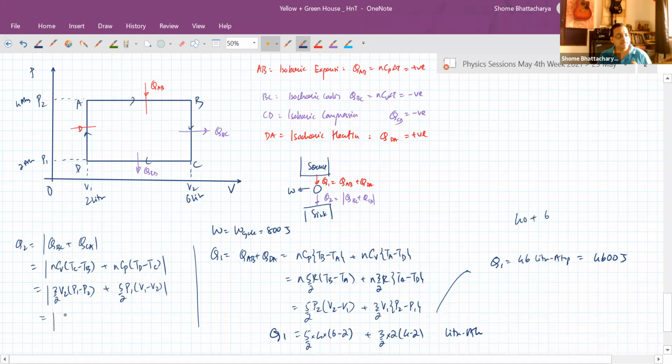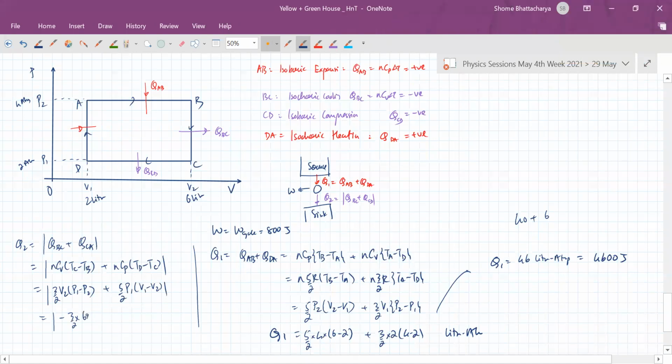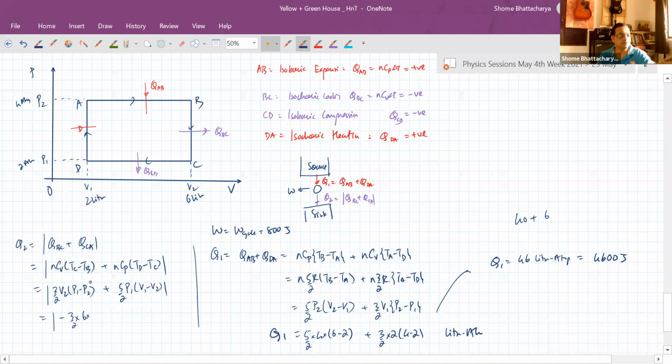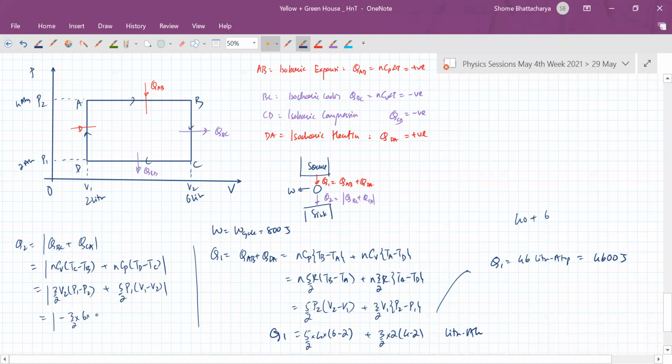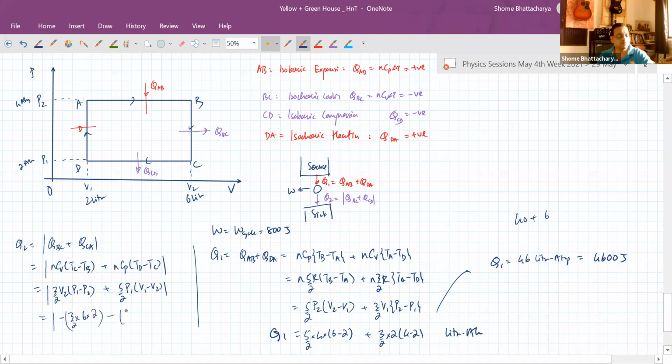So this will become minus of 3 by 2 into this volume, which is, sorry, 6 liters. Sir, why is it minus of 3 by 2? Because P1 minus P2 will become a negative quantity. And similarly, this will be minus of 5 by 2 into this pressure, which is 2 atmospheres, into the difference, which is 4 liters.